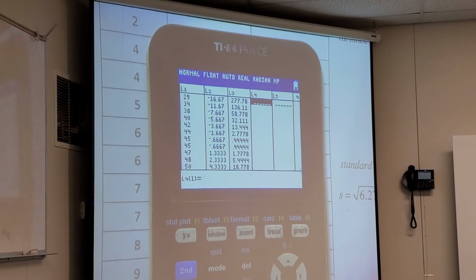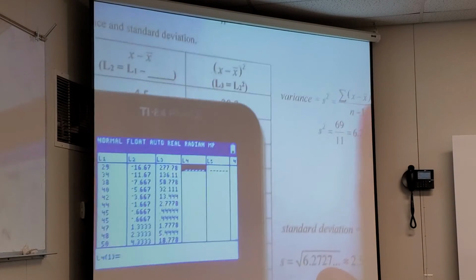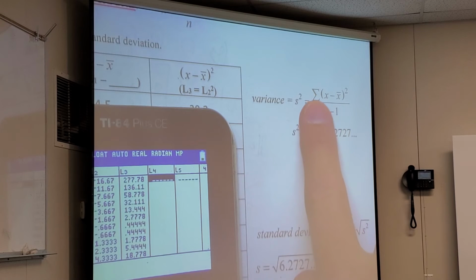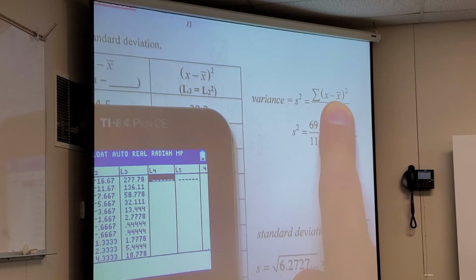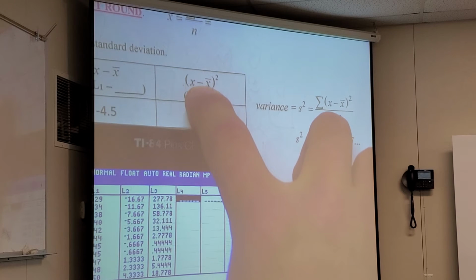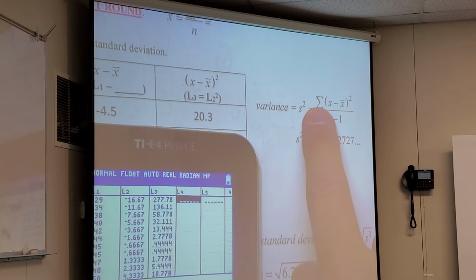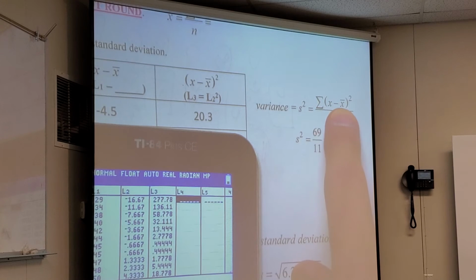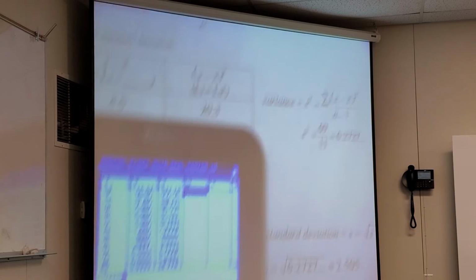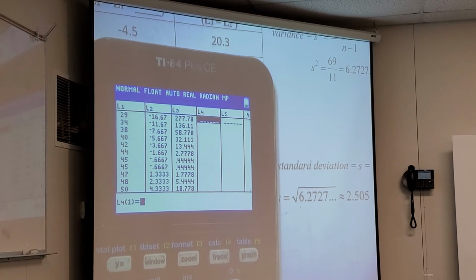And then what do I want to do with L3? Because here's the formula, right? I've got to figure out what the sum of those are. Remind me, what is L3? L3 is this, right? It's a bunch of these. And what does the formula need me to do? Add up all of these. I can do it now. I made all of these, so I can add them up.